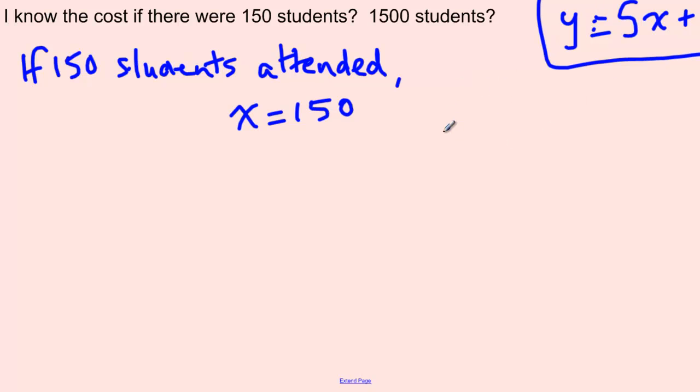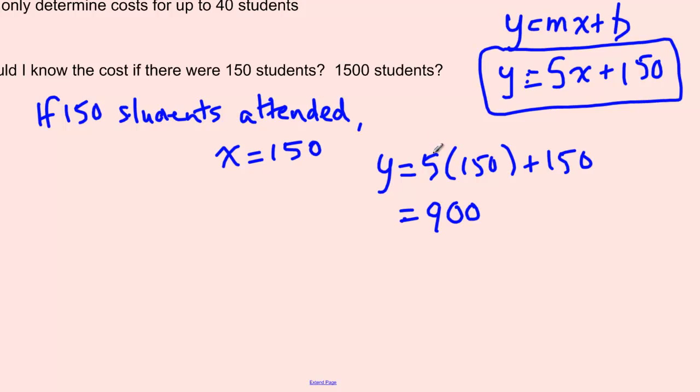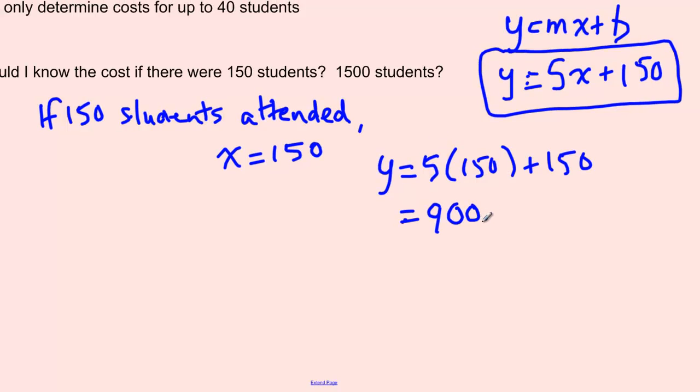We would take our equation, y equals, and substitute 150 into where x goes, and then just solve. 5 times 150 is 750, and then adding 150, we're at 900. So if 150 students attended, it would cost us $900.